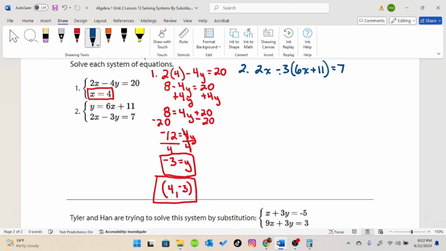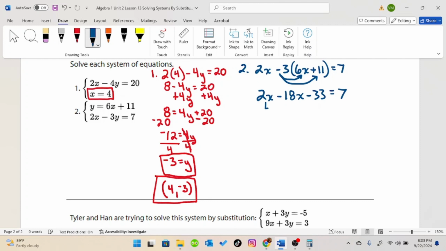So we're going to use the distributive property, and we have negative 3 times 6x and negative 3 times 11. That results in 2x minus 18x minus 33 equals 7.